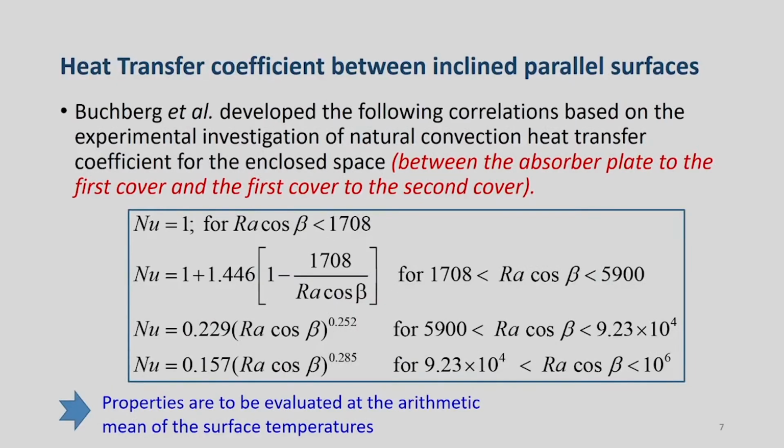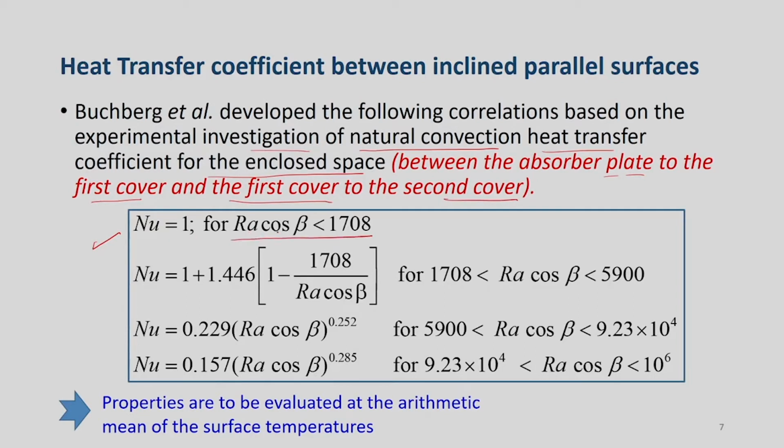Buschberg et al. developed the following correlations based on experimental investigations of the natural convection heat transfer coefficient for enclosed spaces, that means between the absorber plate and the first cover, and the first cover and the second cover. So, this correlation is something like that.